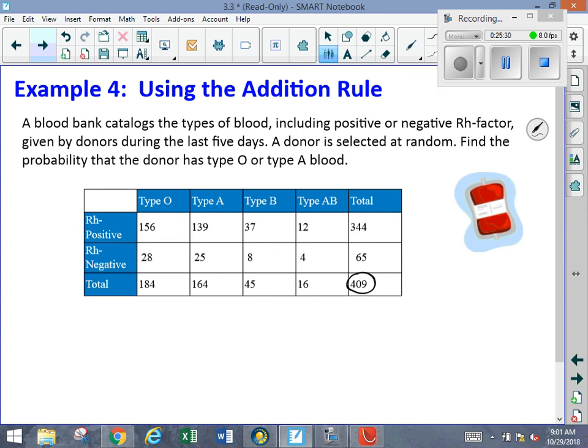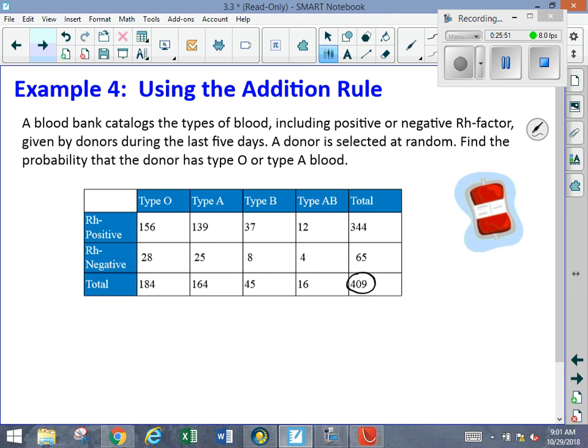Okay, do we have any overlaps? Is it possible to select someone that has both type O and type A blood? There's no way, right? You're either one or the other, right?